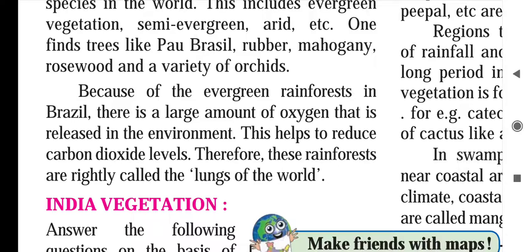So many trees are there, meaning we can find dense forest in Brazil. The duty of those trees is to release oxygen, pure air, and they inhale carbon dioxide. Due to that, the carbon dioxide level is reduced and the amount of oxygen is more. That's why these rainforest areas are called the lungs of the world.